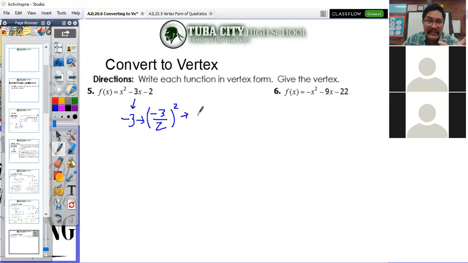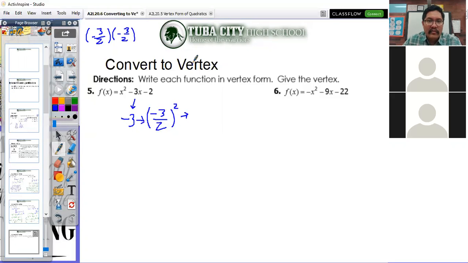Now, the reason I want to leave it as a fraction is because I know in future courses and future lessons, this is going to come up again. Because squaring a fraction is a little bit different. When you square a fraction, you're multiplying one fraction times another fraction of that same one.